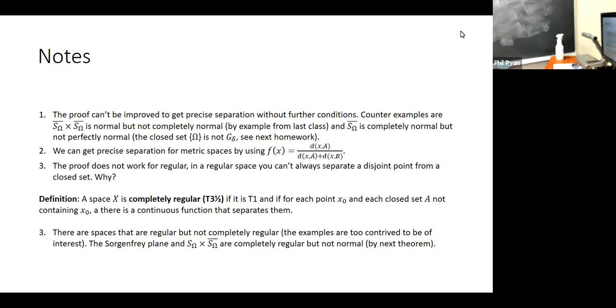And of course, the trouble comes if you look at the singleton of that minimal uncountable element. It's not G delta, and in the homework you're going to see why that means it's not perfectly normal.